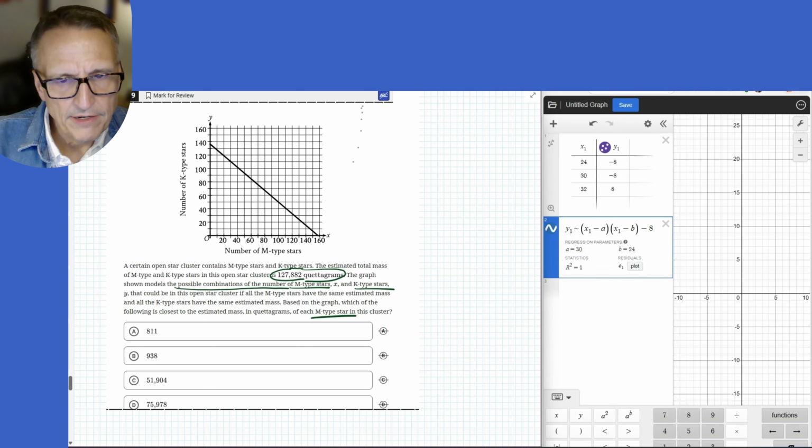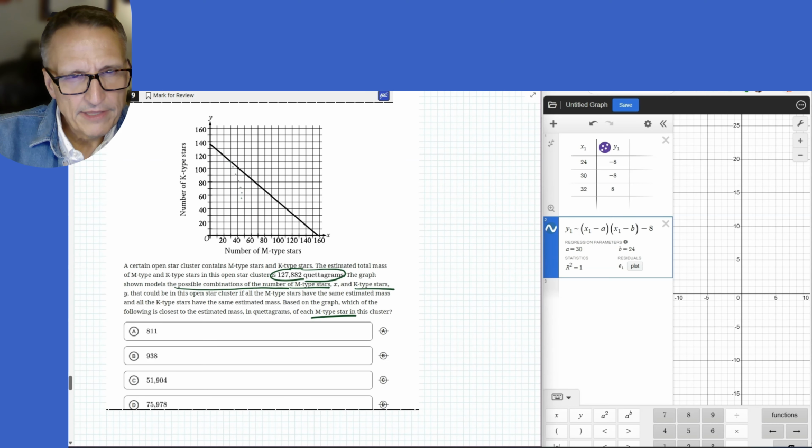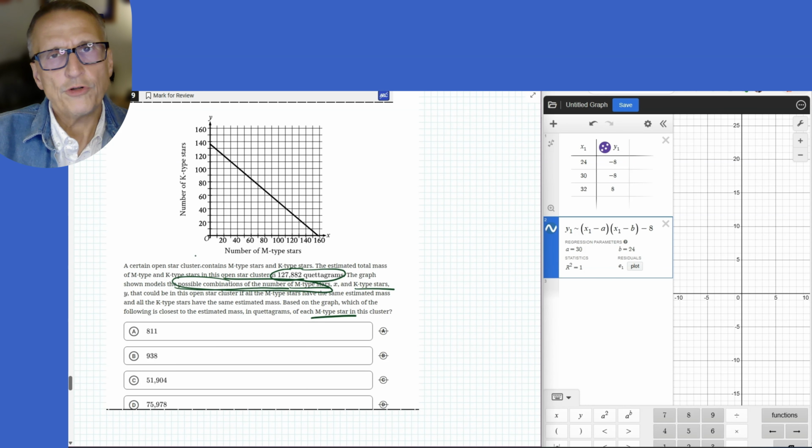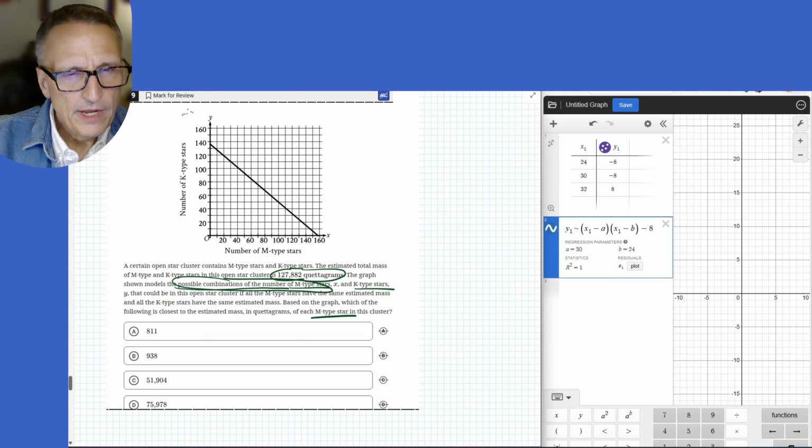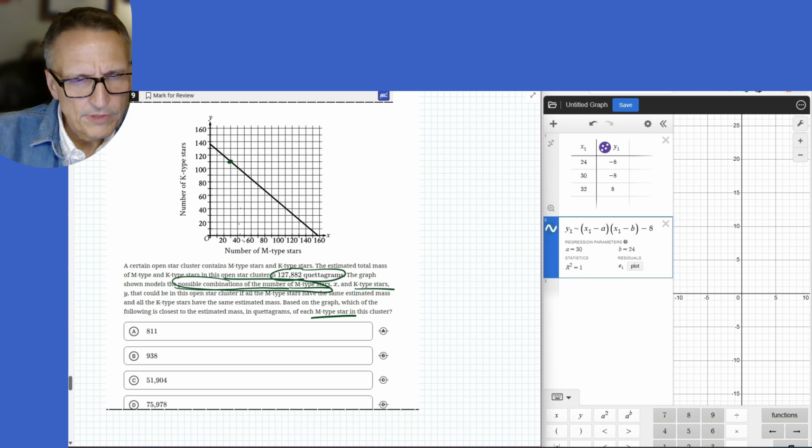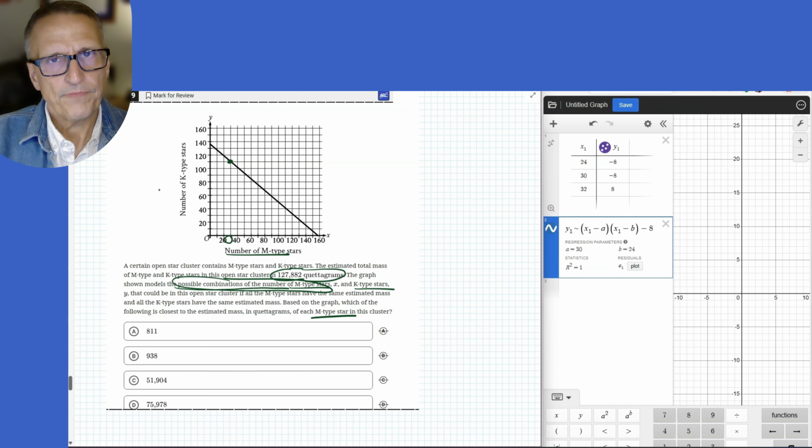Well, again, the whole key here is that this line is representing all possible combinations of the two types of stars. And if you take a look at one of the points, like right here, this says in this open star cluster that there could be 30 M-type stars, but if there are 30, there would have to be 110 K-type stars. So that's what this line is representing, all the possible combinations.